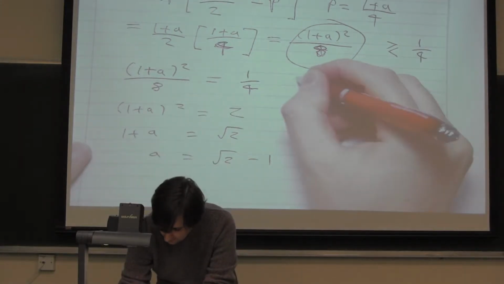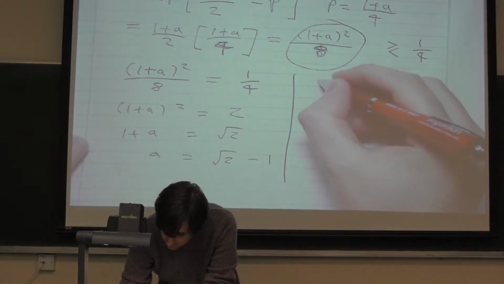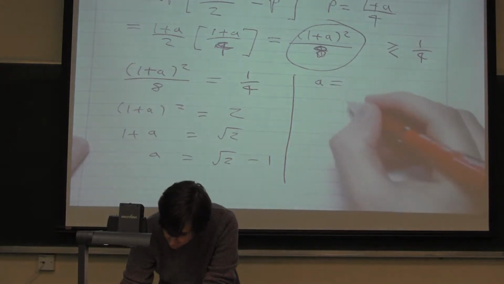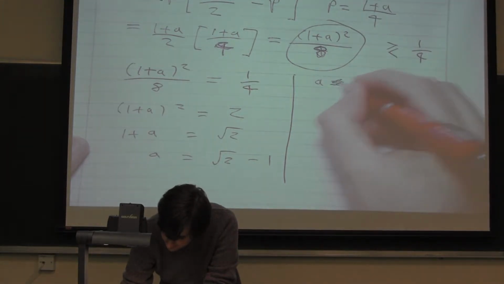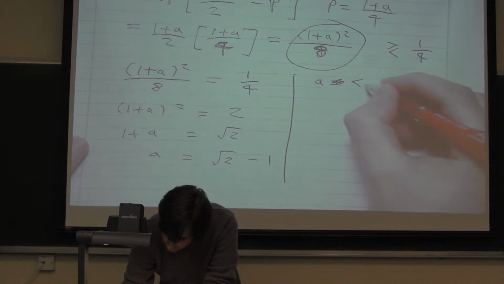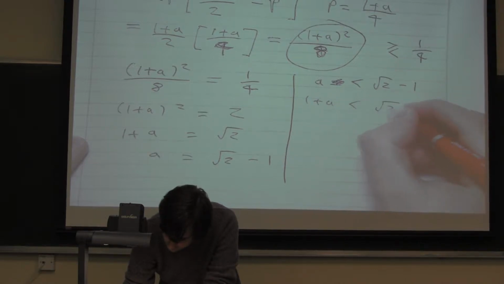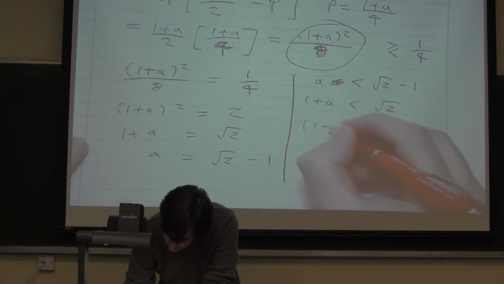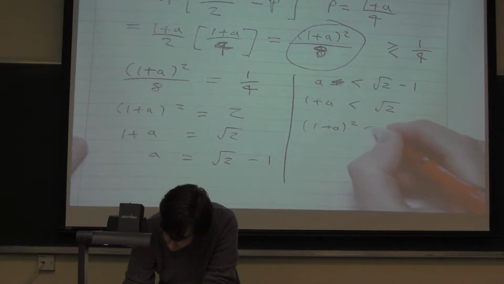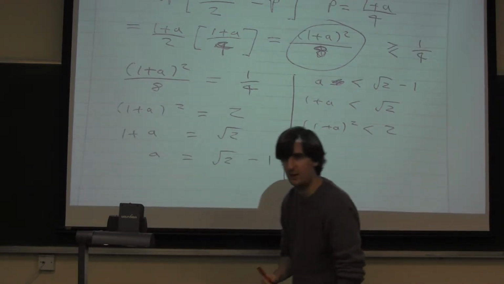You know, if you want to do it slightly more formally, well, you can kind of reverse the argument. Suppose that A is less than square root 2 minus 1. Well, then 1 plus A is less than square root 2. So then 1 plus A squared must be less than 2, because you know A is positive.